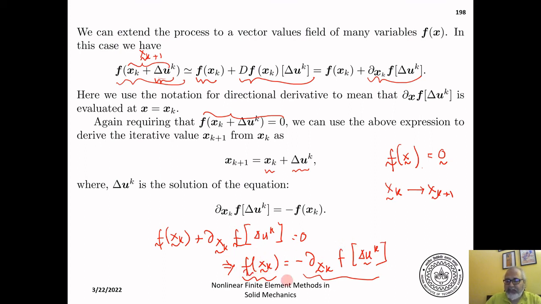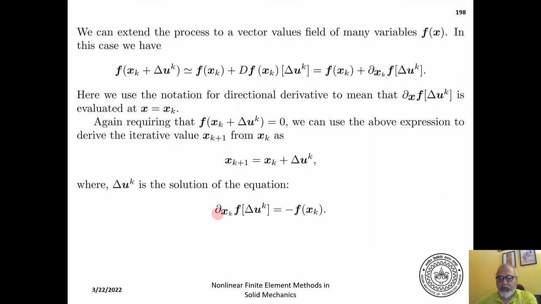So from this equation we will solve for delta uk, and if we can do that, then we will add it to the previous iteration, that is xk, to get xk plus 1. This will continue till xk and xk plus 1 become equal by some measure.